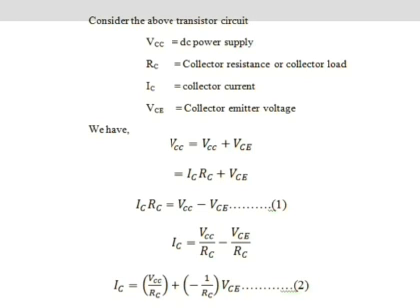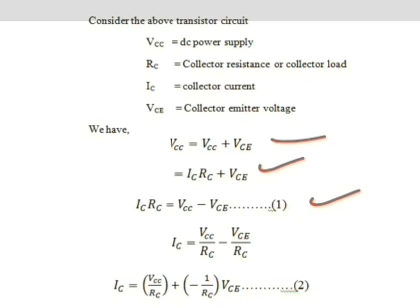We have VCC equals VRC plus VCE. You know VRC equals IC into RC. Therefore, VCC equals IC into RC plus VCE. IC RC equals VCC minus VCE.